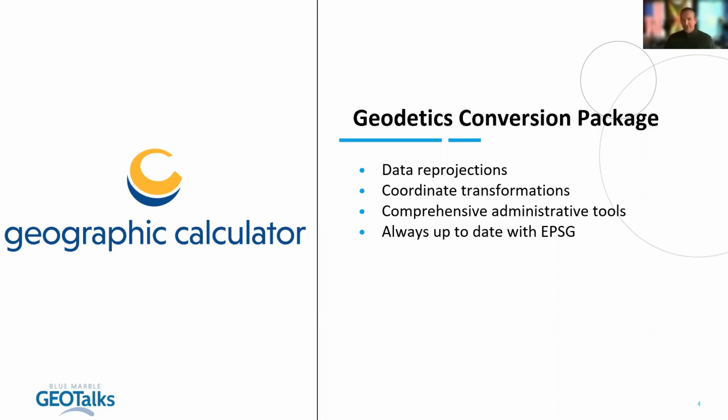We pride ourselves in making a very comprehensive tool that is up to the challenge of most of the complicated geodetics tasks that we have in the world today. So that's the Geographic Calculator.